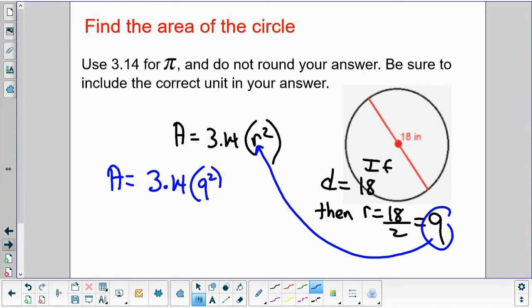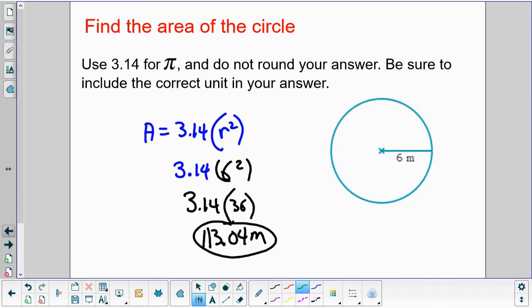And when we do that, okay, so 3.14 times 81 would be, if you got your calculator handy, 254.34 inches squared, because we are finding the area.